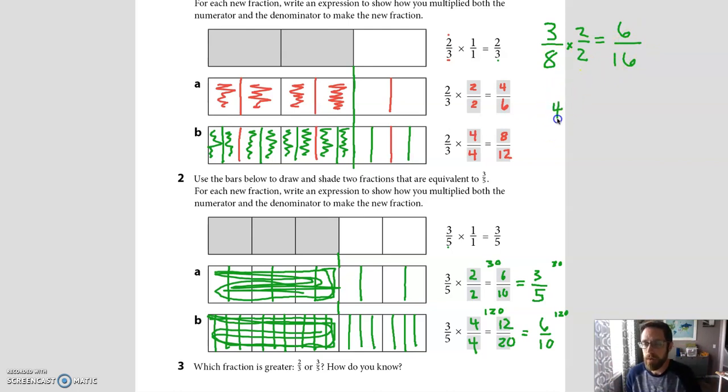So if I have 4/10, both of those are even numbers, so I know I can divide by 2/2, and I would get 2/5. So 4/10 would be equivalent to 2/5. So you either have to multiply numerator and denominator by the exact same number, or you can simplify it and divide both the numerator and denominator by the same number. That is a really simple way of how to make equivalent fractions.